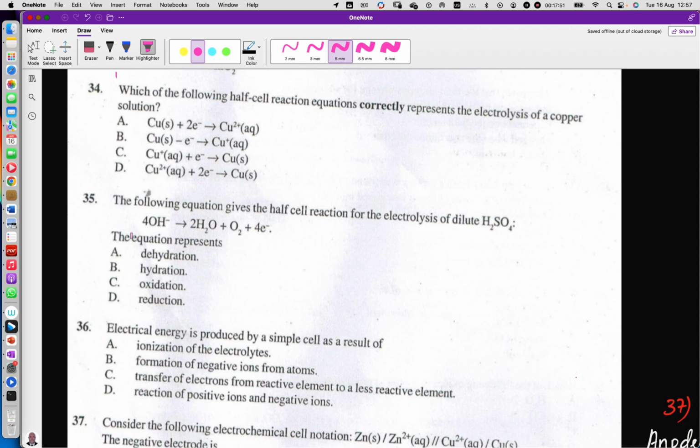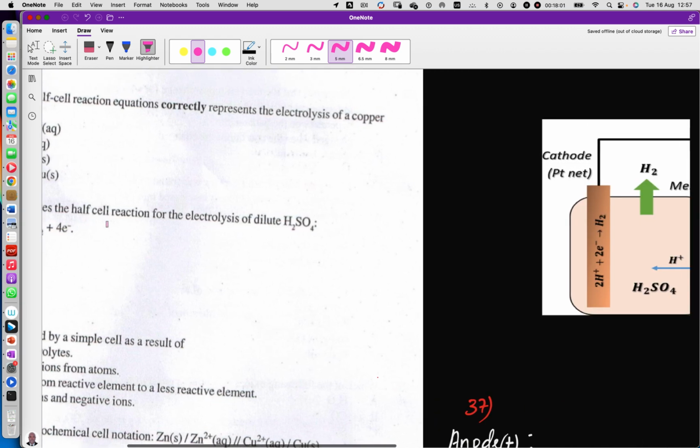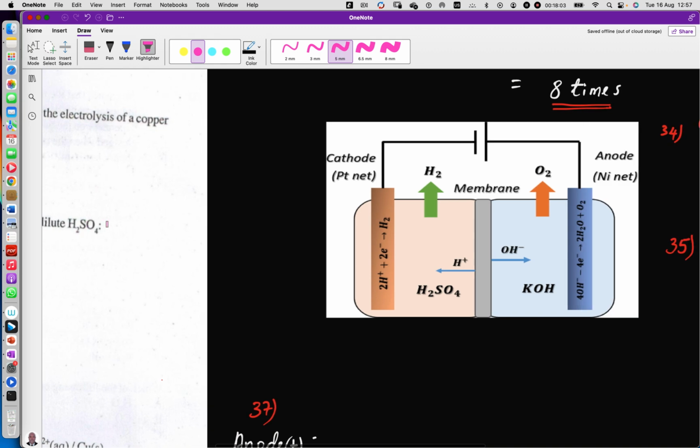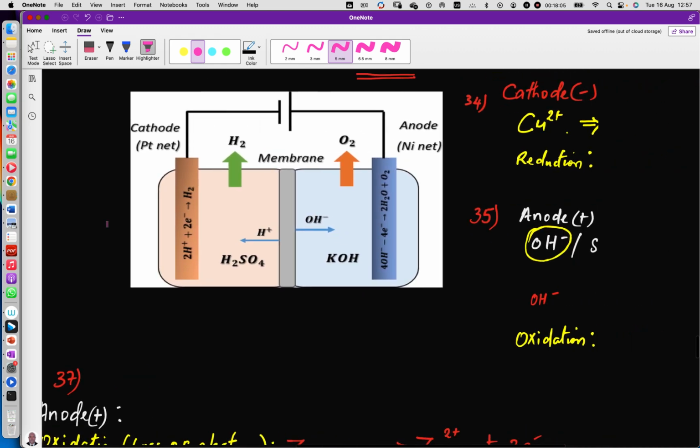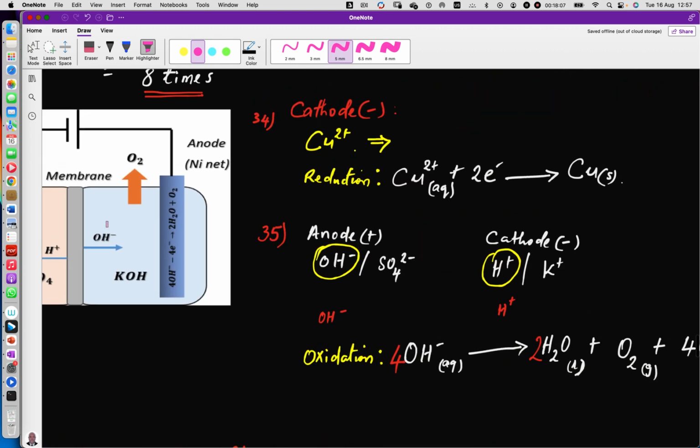If you look at this one here, a copper solution, let me say copper sulfate.